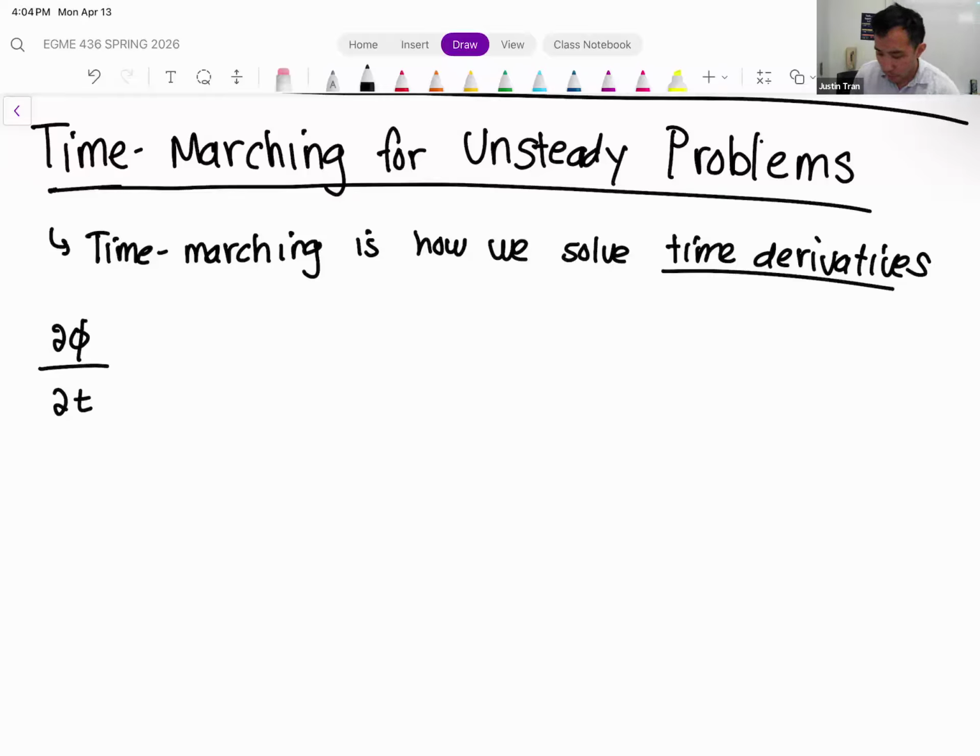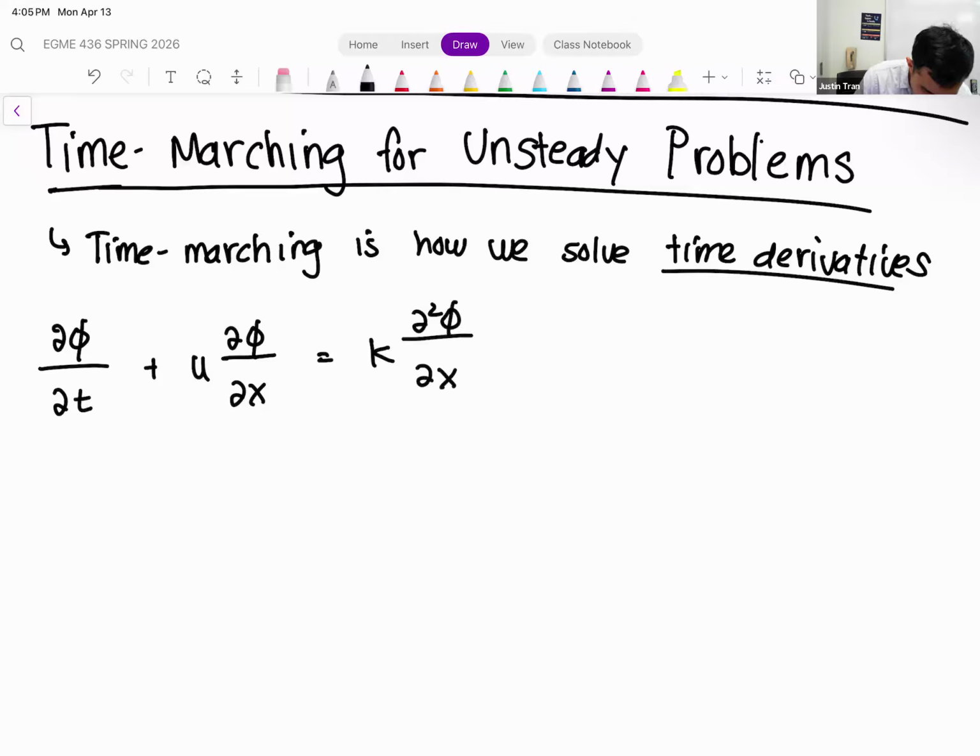Just to refresh your memory, let me write out our general conservation equation. This is just going to be in 1D, and we're going to focus a lot on 1D problems. So this right here is our 1D general conservation equation.